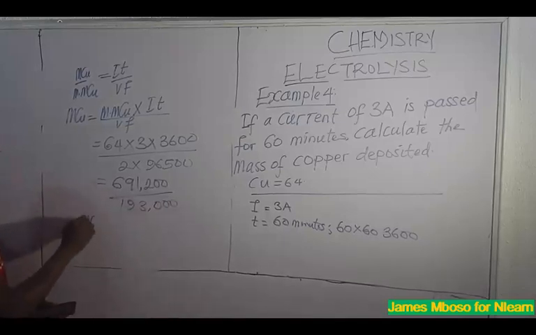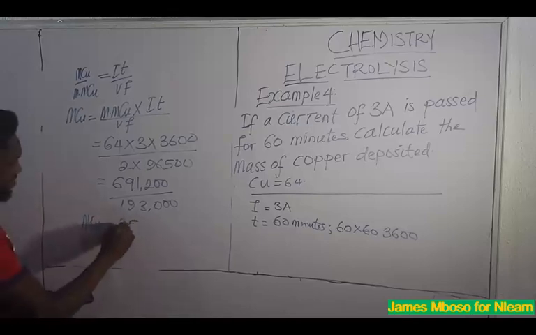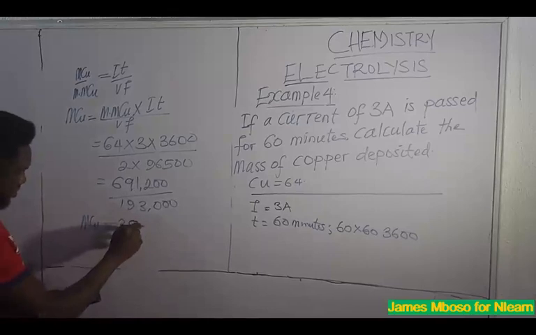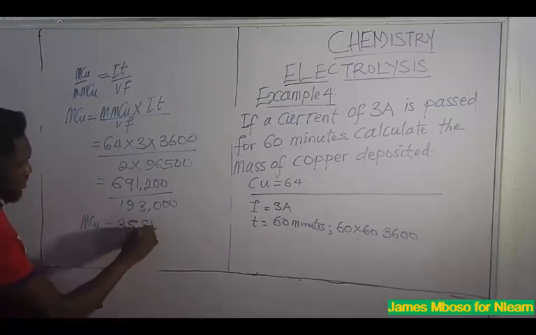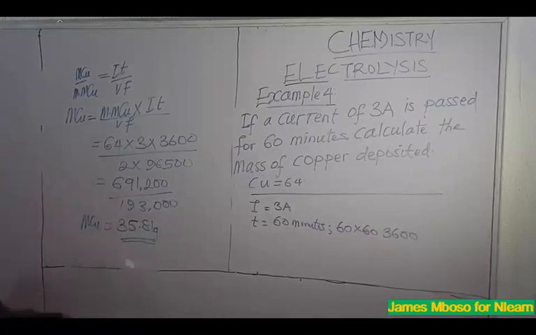Our mass of copper will now be 691,200 divided by 193,000. We have 35.81 grams of copper being deposited.